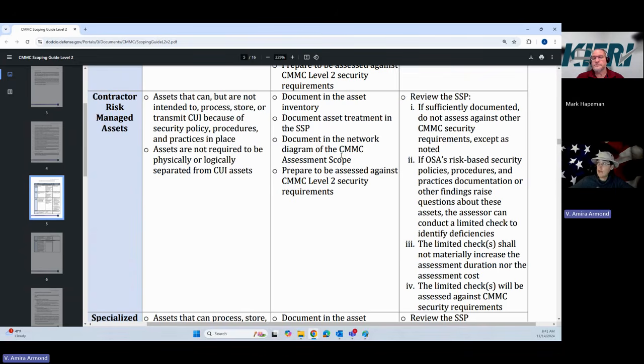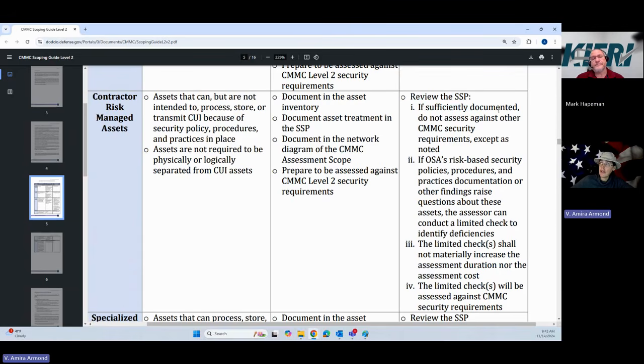So if we as an assessor see that you've got complex passwords turned on for your CRMA, you're doing vulnerability scanning for the CRMA, you've got an account lockout threshold for the CRMA, right? All the requirements, just like your CUI assets, we're just going to go, cool. It appears that you're doing all this stuff, and we're just going to read the SSP and we're good. So we're not going to go confirm. Not if it's well documented. Yeah. Not if it's sufficiently documented.